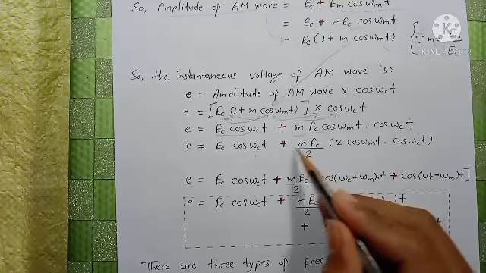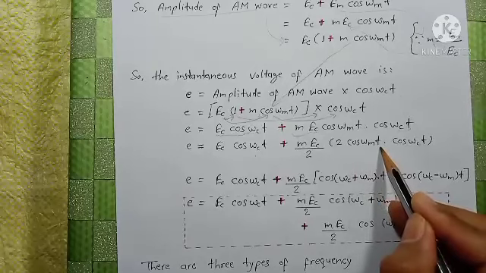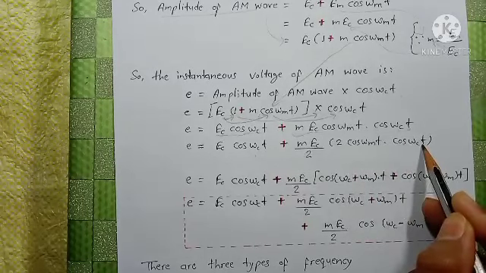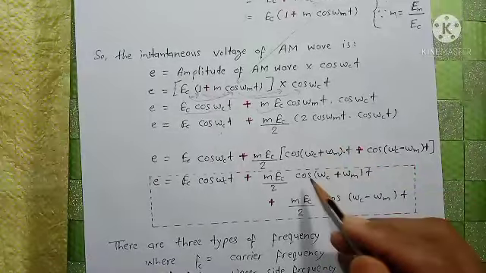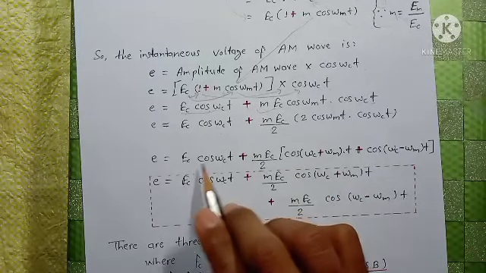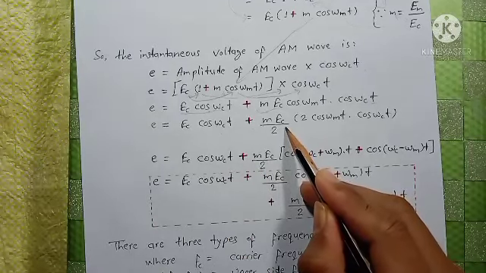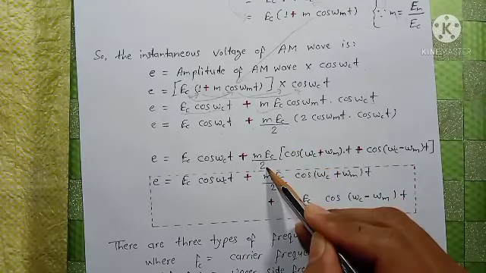So we will get m EC divided by 2 in bracket 2 cos omega m t into cos omega c t. Okay, so we will get E is equal to EC cos omega c t plus m EC divided by 2.